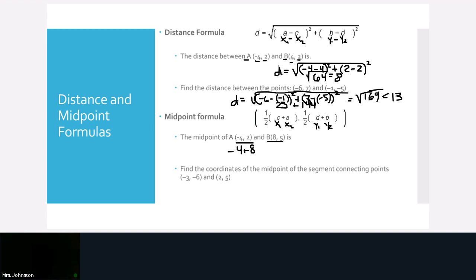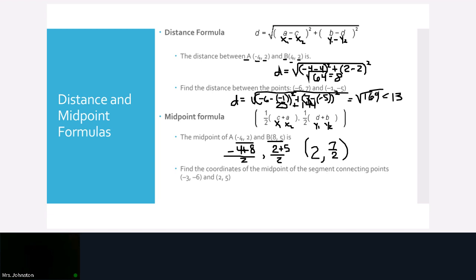And then I'm going to divide that by 2. Remember, dividing by 2 is the same as multiplying by 1/2. Comma. And the y terms will be 2 plus 5. That will also be divided by 2. So the midpoint between these 2 points is, the first one was simplified to 2, and the second one to 7/2. So that is the midpoint between those two.